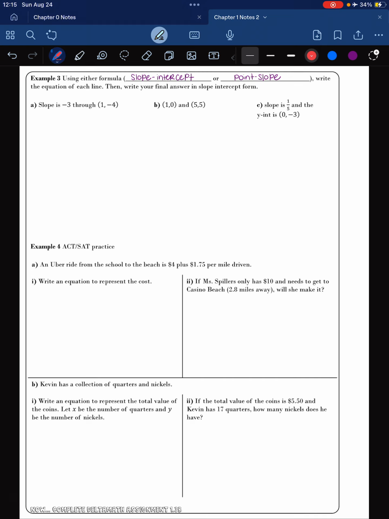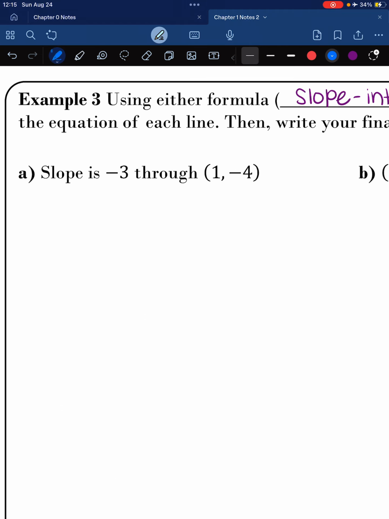Example 3, using either formula, write the equation of the line, write your final answer in slope-intercept form. So we're going to get some practice changing from point-slope form to slope-intercept form now. Okay, I have the slope and a random point, so I'm definitely going to start with point slope, y minus negative 4 equals m times x minus x1.